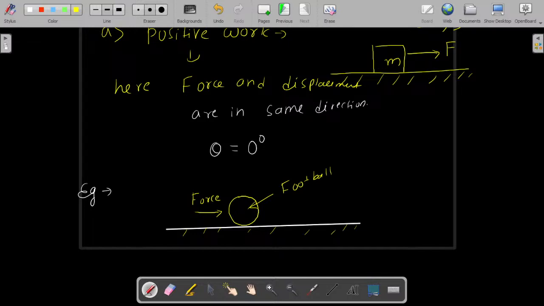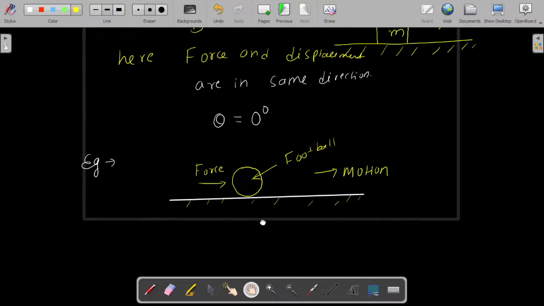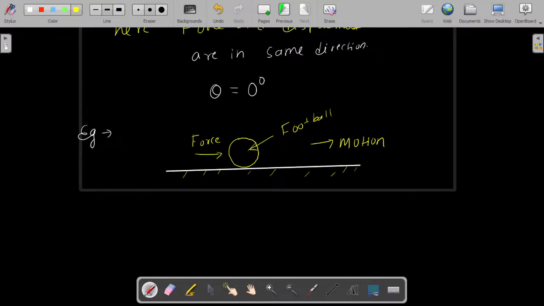So what is the direction of motion here? This is the direction of motion. So write in this, the force of kick. You are kicking this football, so the force of kick acts in direction of motion of ball.